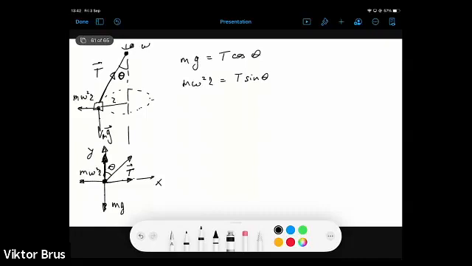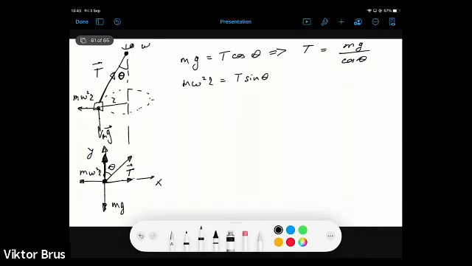Okay, now we have this condition of equilibrium. So we can express T from the first equation: T is equal to mg divided by cosine theta.